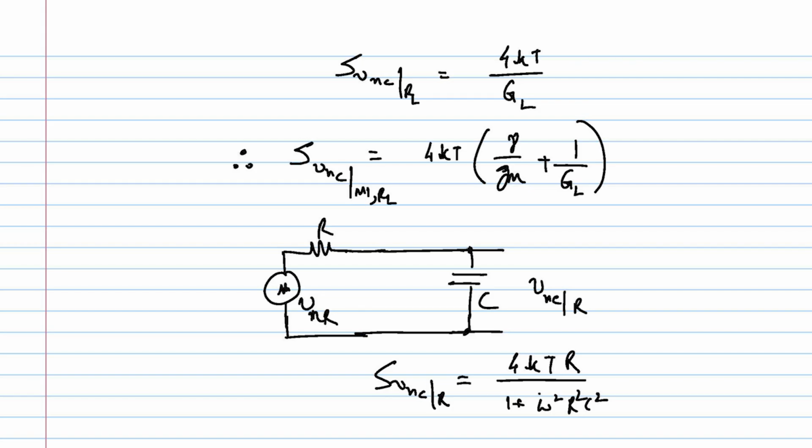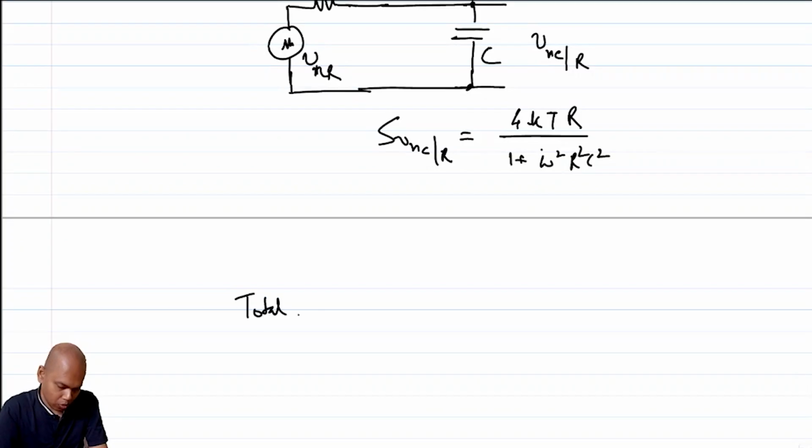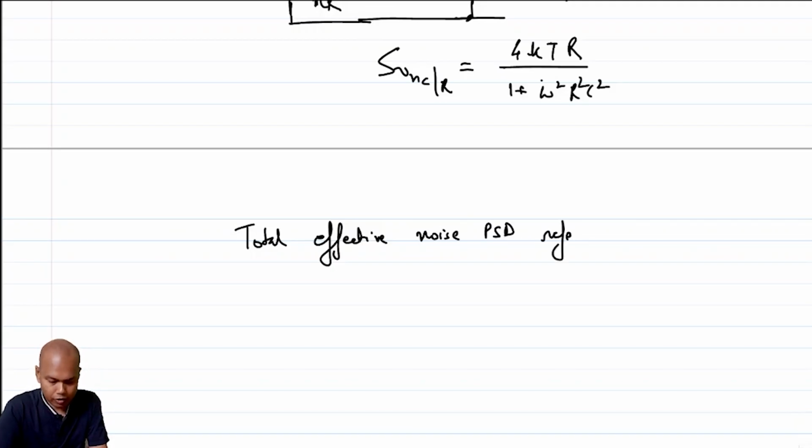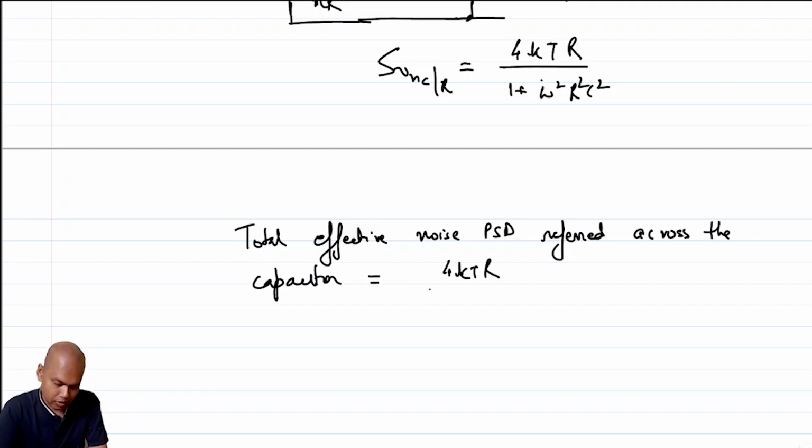So essentially, what is the total? The total effective noise PSD referred across the capacitor is equal to 4kTR over 1 plus omega squared R squared C squared, plus the other term.